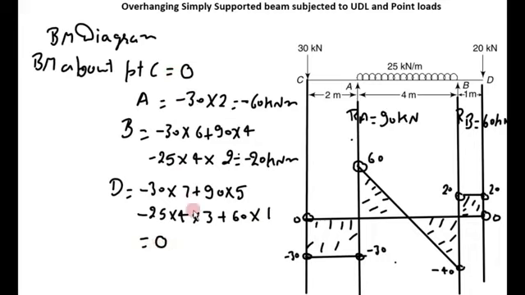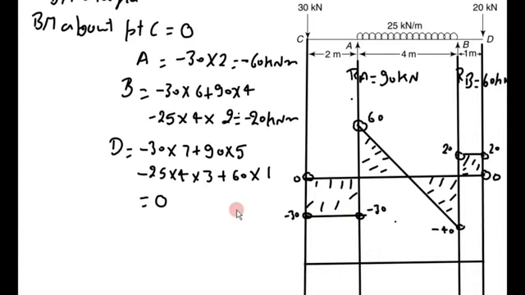Now we have to plot all these points on a reference line. So first point is point C. The value is 0. The value of point A is minus 60. Take here minus 60. The next one is B minus 20 and D is 0.